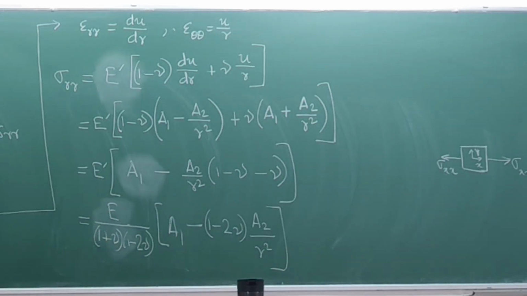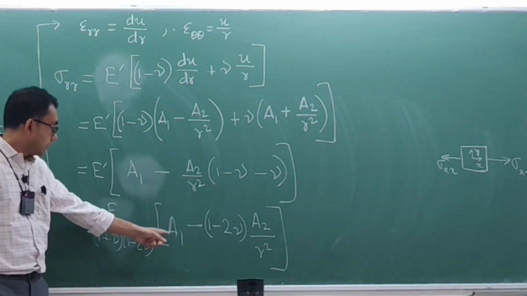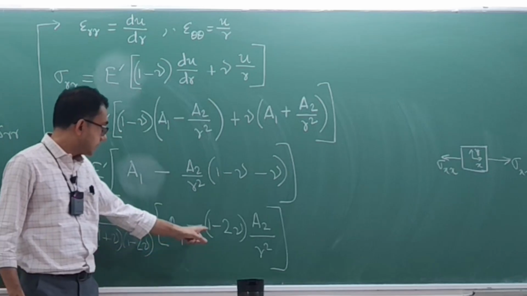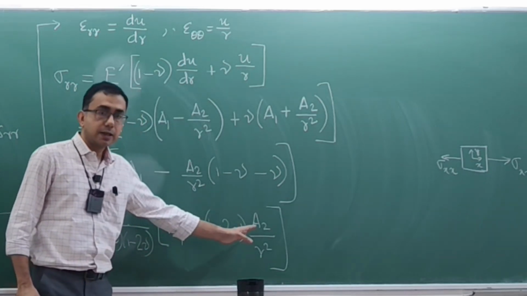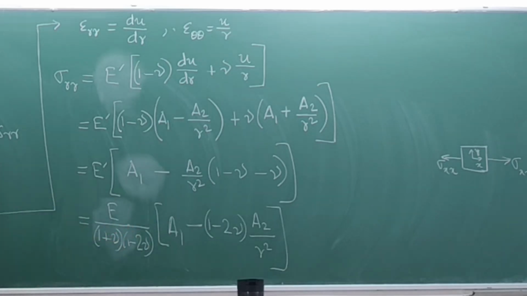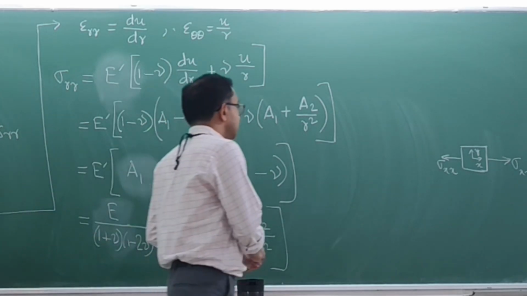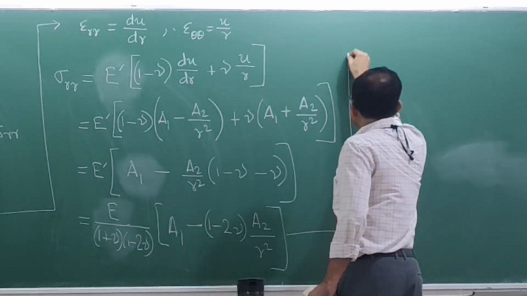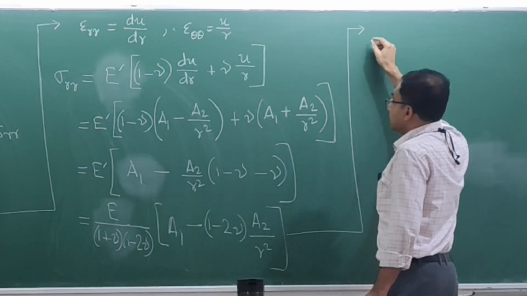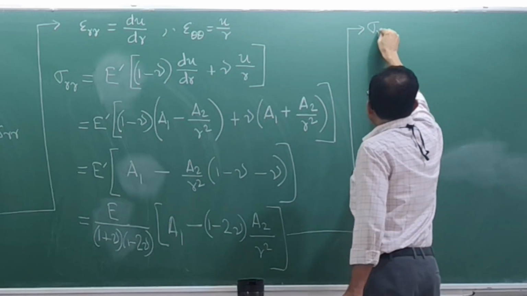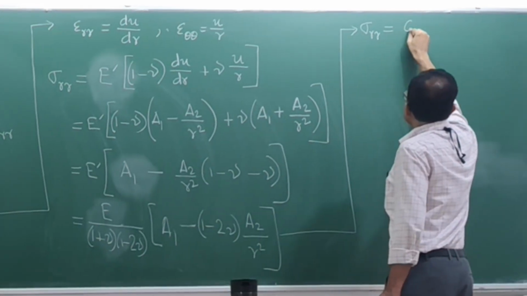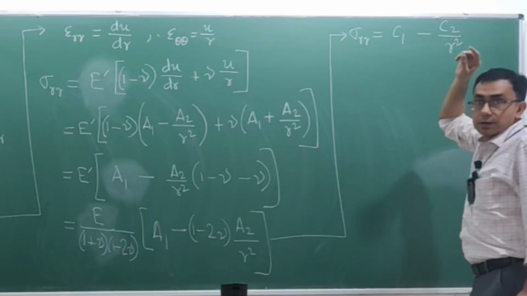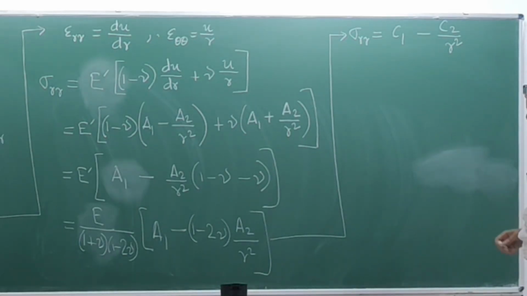So see, this E dash multiplied with A1 is one constant. And this E dash multiplied with this 1 minus 2 nu into A2 is another constant. So overall, what this is looking like is that sigma RR is equal to C1 minus C2 by r square. Okay.